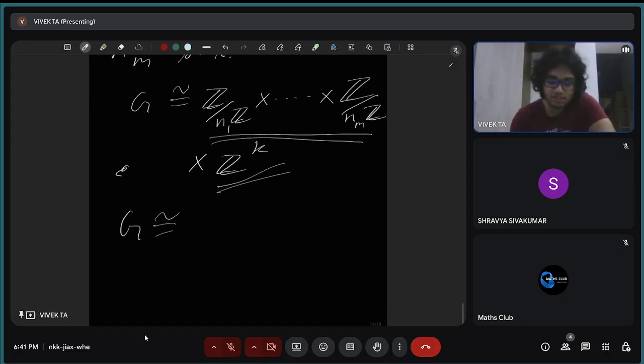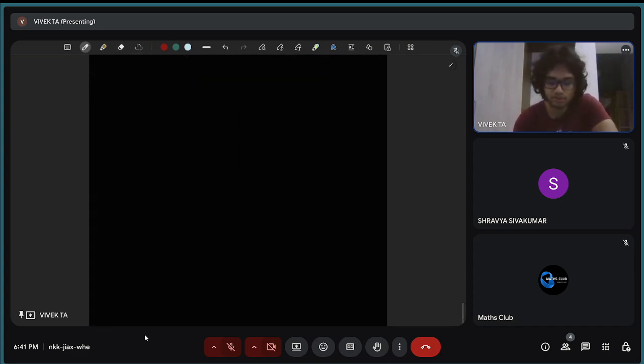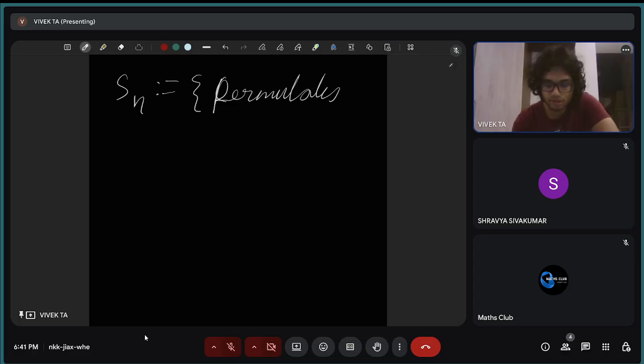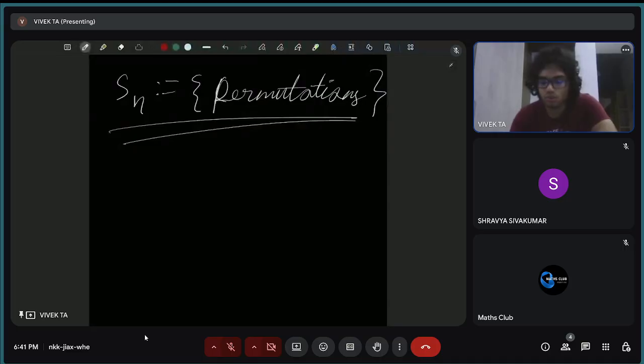And one such group that we are trying to get to is the permutation group, Sn, which is defined as the set of all permutations. Now, I think defining this here would be useless because permutation groups are much easier to learn on your own.